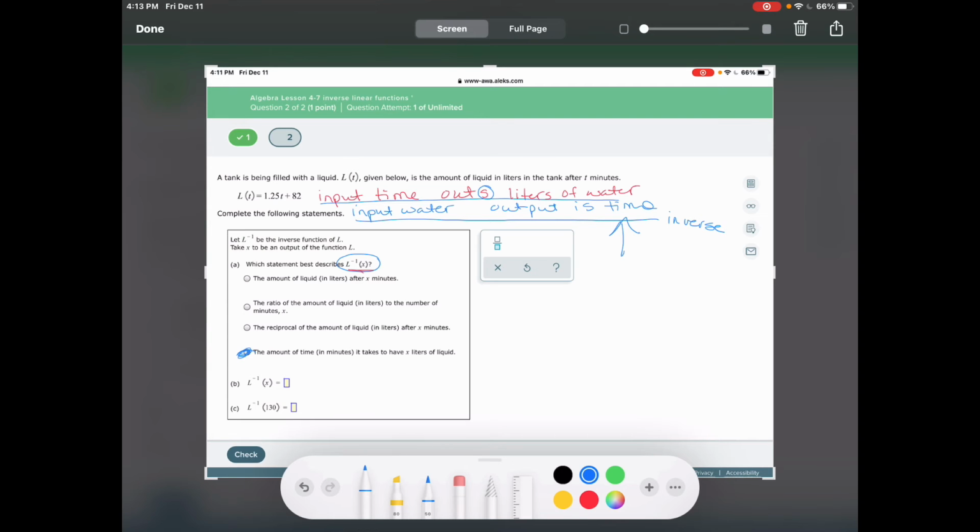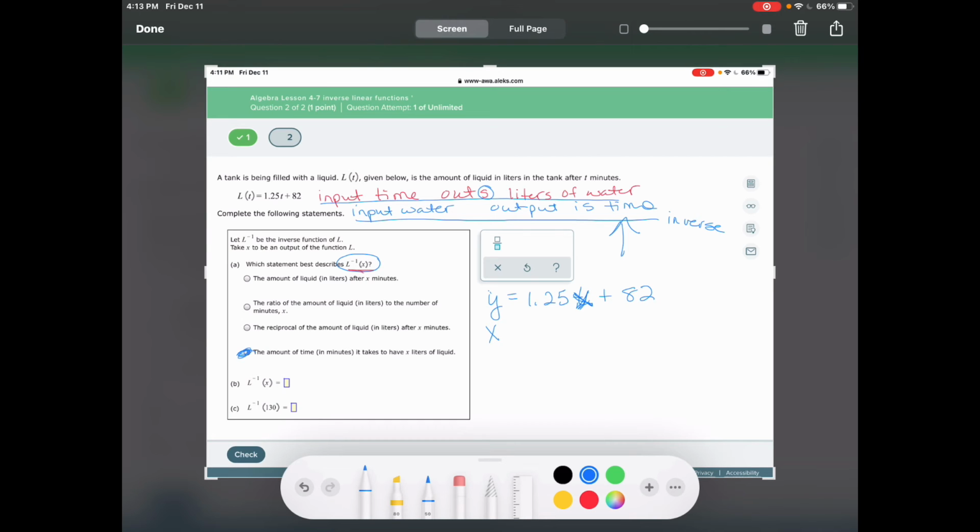We can rewrite our equation L of t equals 1.25t plus 82 as y equals 1.25t plus 82. And so I'm going to swap. It wants us to use x, so let's just change that to x right now.